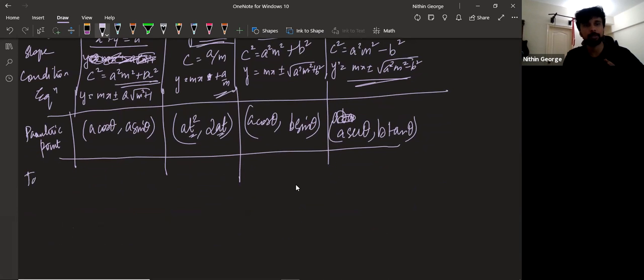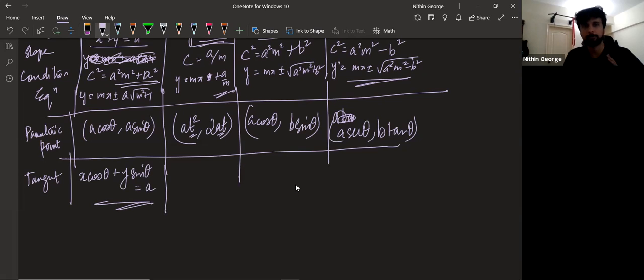So your tangent equation becomes x into a cos theta plus y into a sin theta equal to a square, and a is common for everything. So this is what remains.